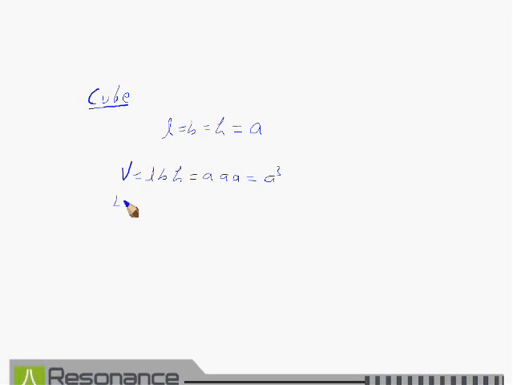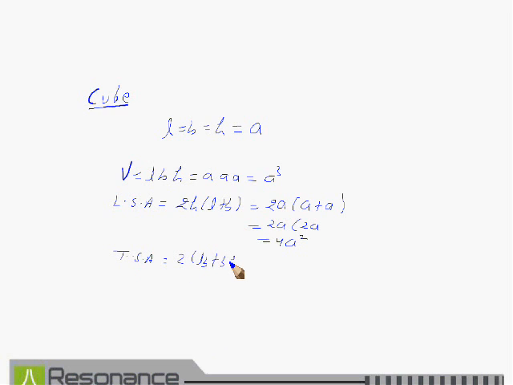We can find the lateral surface area also, that is twice H bracket L plus B, by putting A instead of L, B, H. We get twice A plus A, that is 2A, 2A into 2A, that is 4A square. We can find the total surface area, that is twice LB plus BH plus HL.